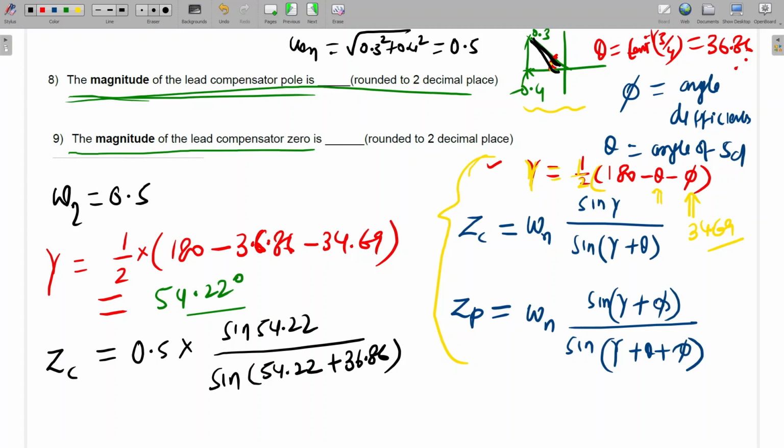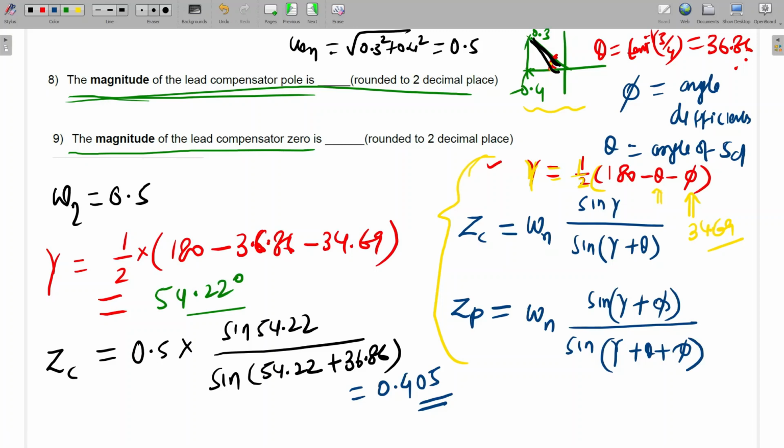Is it 0.405? Everyone is getting this value? Is it correct?